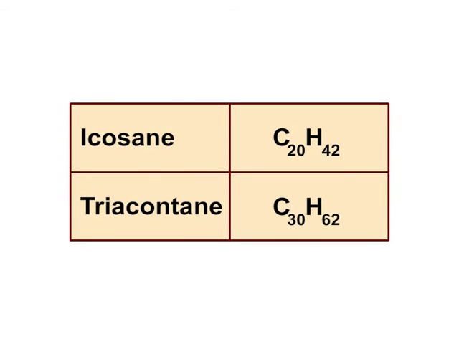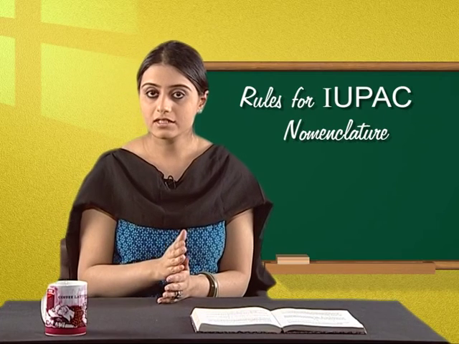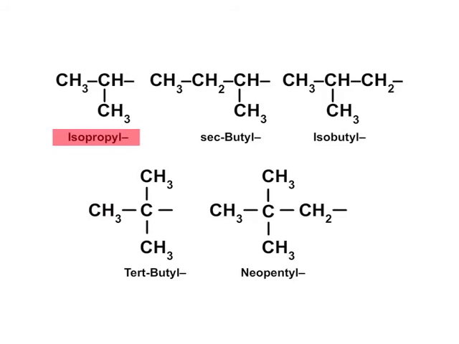We are looking at the molecular formula of icosane and triacontane. Students, now we are looking at isopropyl group, secondary butyl group, isobutyl group, tertiary butyl group and neopentyl group.